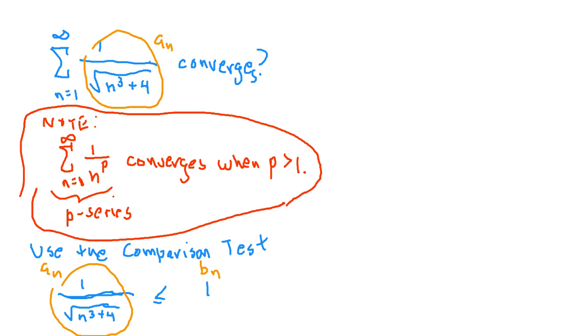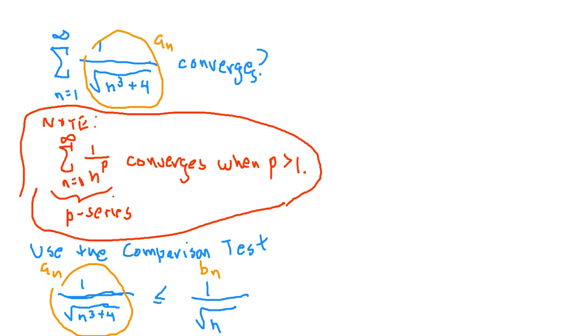The 1 I'm going to leave upstairs. The bottom, I'm going to leave the square root there. And what can I put under the square root that's easier than n cubed plus 4? That's right.